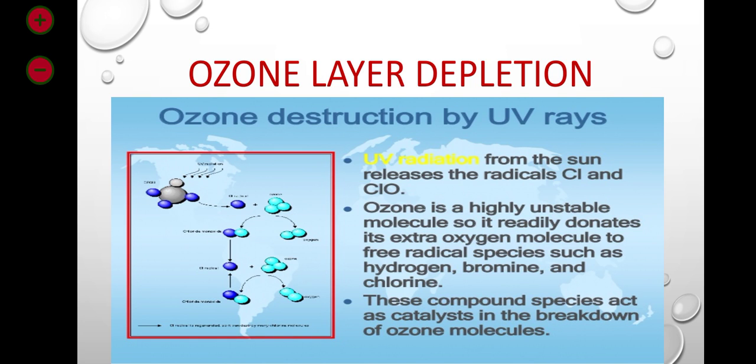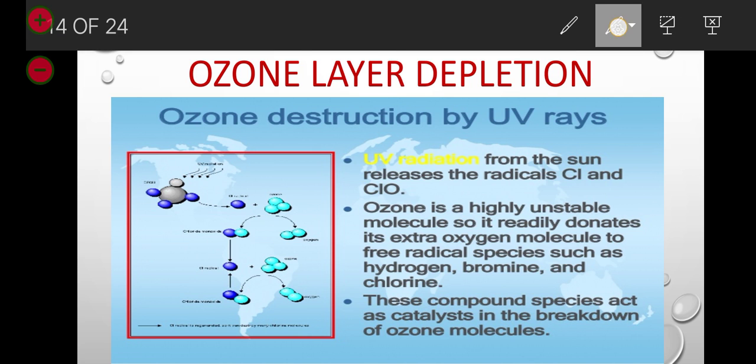So, ozone layer depletion: ozone destruction by UV rays. Ultraviolet radiation from the sun releases the radicals chlorine and chlorine monoxide, ClO.